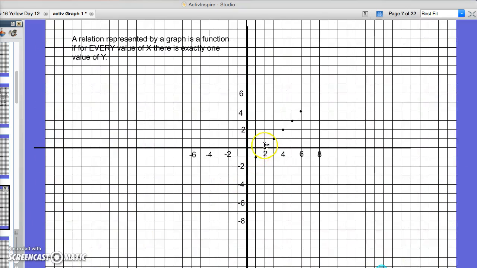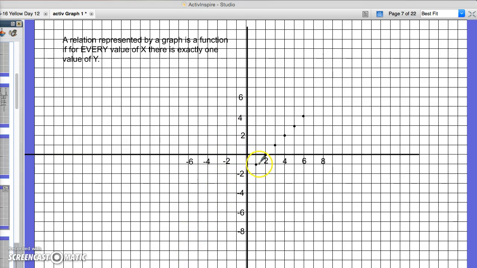So here's a relation, and remember, a relation is a function if for every value of x, there is exactly one value of y. If I look at the values of x on this particular relation, for each value of x, here's 1 point, so this is one element of the domain.